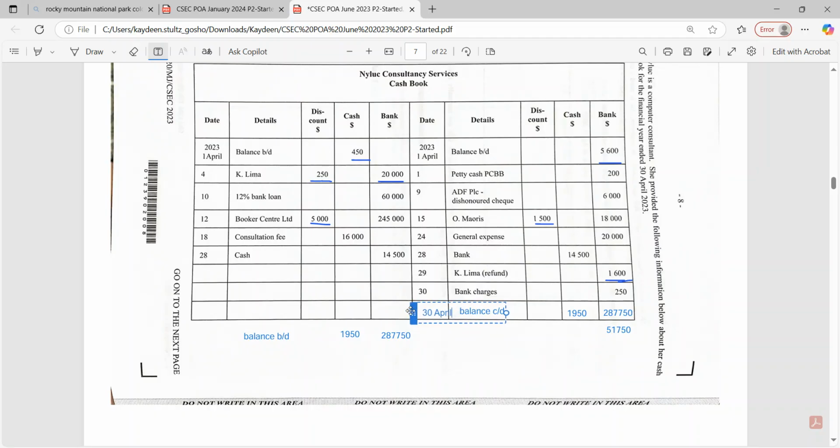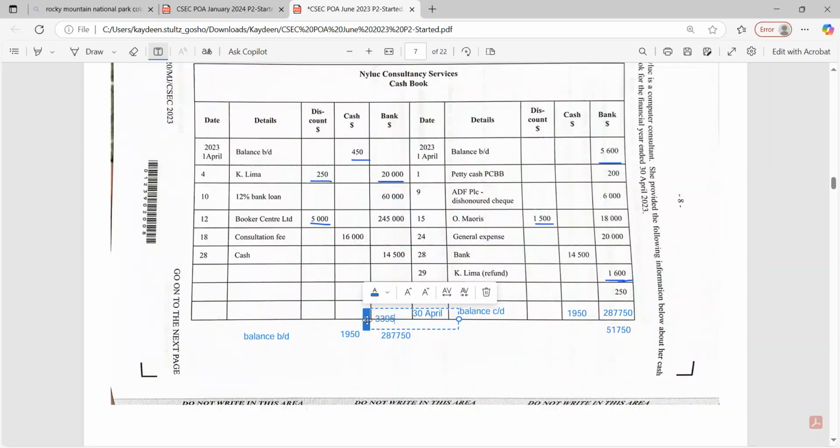Now we work with our bank section. 20,000 plus 60,000 plus 245,000 plus 14,500. Let us check what that would be. So that is 339,500.